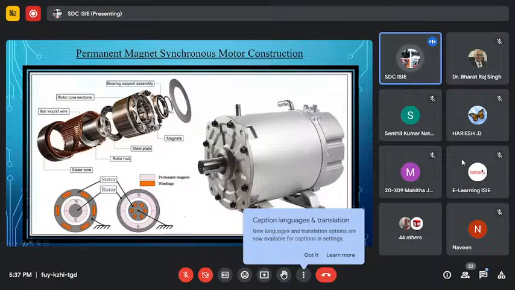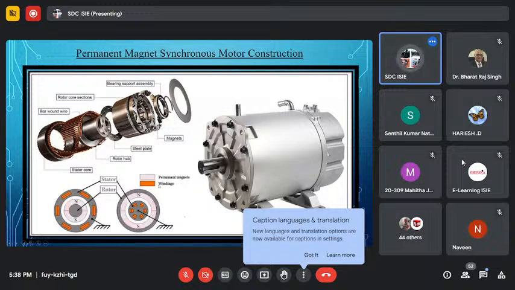As we can see, the permanent magnets are placed inside in the form of a V shape. There are also two types of PMSM, permanent magnet synchronous motor. In one motor, we are placing the permanent magnets in this way, and in the other, we are placing them on the outside part directly, parallel on the rotor itself.